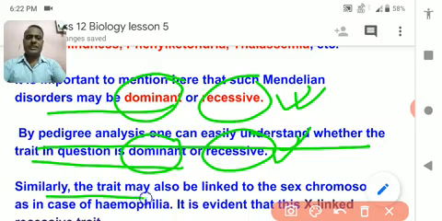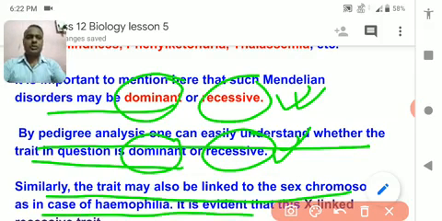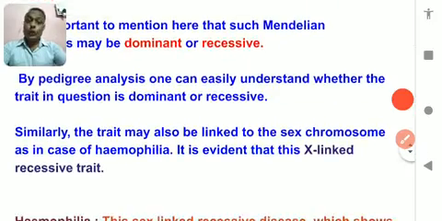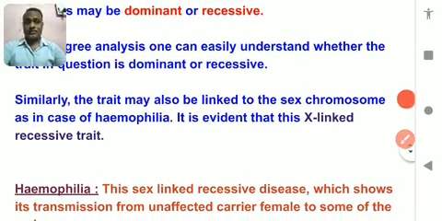Earlier, the trait that has been linked to the sex chromosome is called sex-linked inheritance, like hemophilia. Once again I am repeating it. Those disorders which are linked to either the X chromosome or the Y chromosome are called sex-linked inheritance.